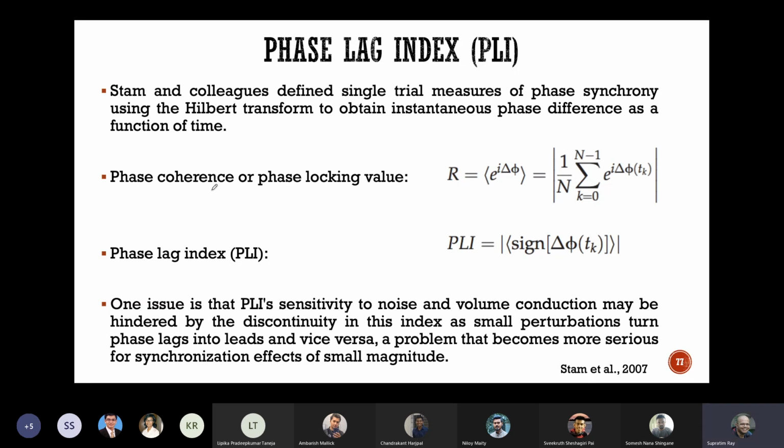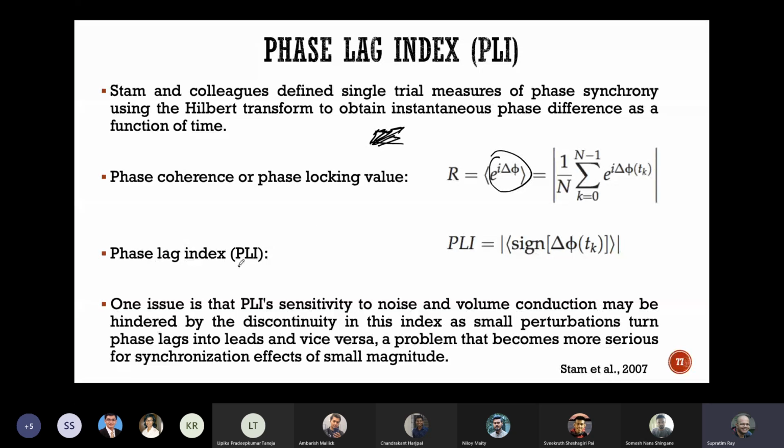So phase coherence, remember here, this is a vector. Okay, so one vector, and this average is the average of all the vectors. Each trial gives me a vector. So earlier phase coherence was simply the average of these vectors and then the magnitude of that.